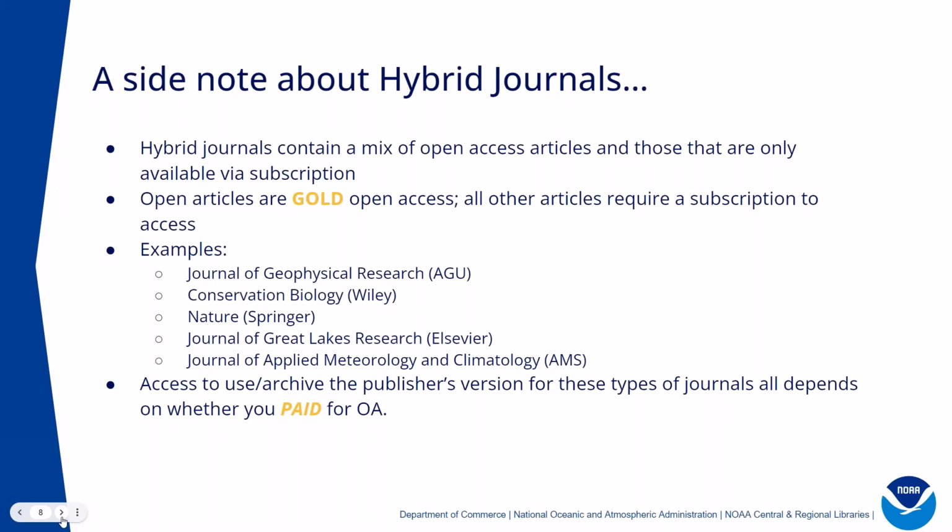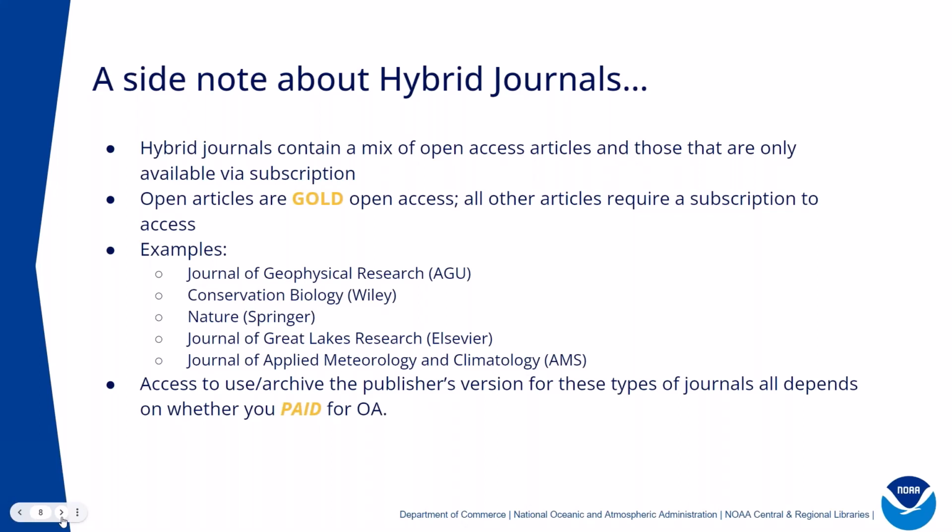The open access articles are gold, where the authors or the funders have paid to make those articles open access, and the rest would require a subscription. Some examples, and these are all journals that the NOAA library subscribes to. So you at work have access to these journals because the library is paying for the subscription access.